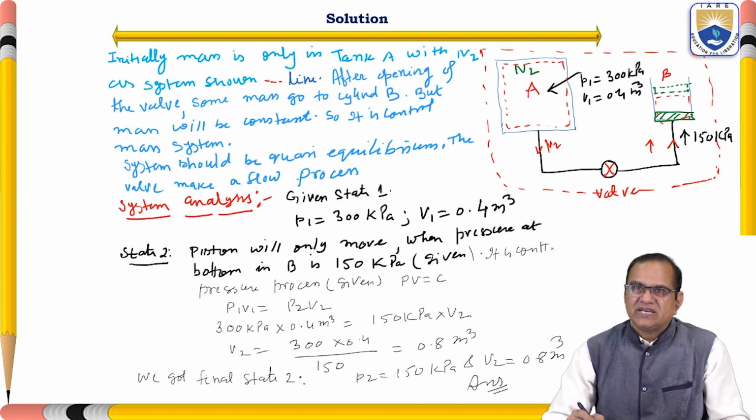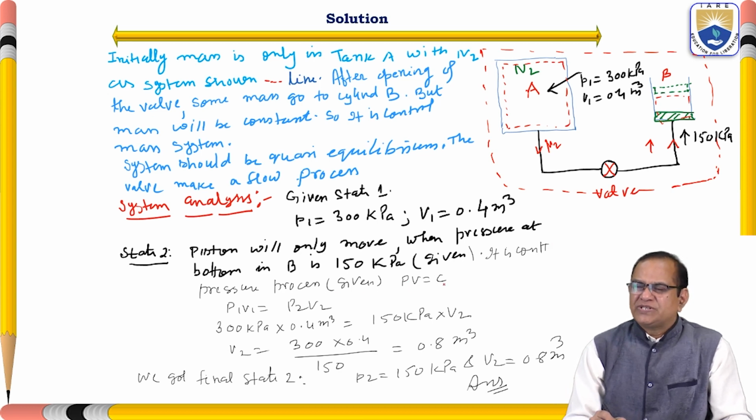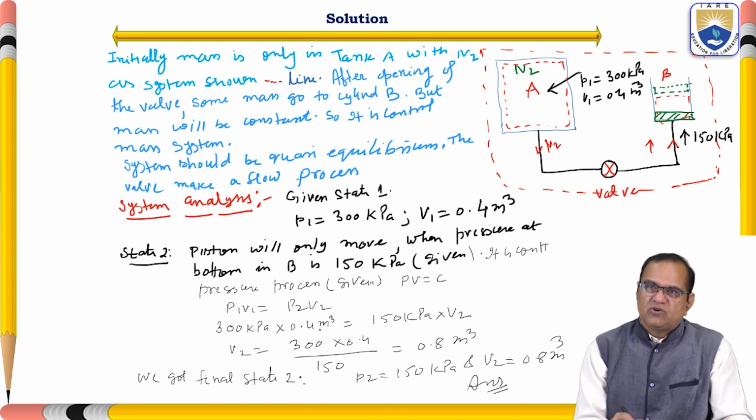PV is equal to C. So directly we can use the equation P1 V1 is equal to P2 V2. P1 is 300 kilopascal, V1 is 0.4 meter cube, P2 is 150. So we can find V2 is equal to 300 into 0.4 by 150. We got 0.8 meter cube.